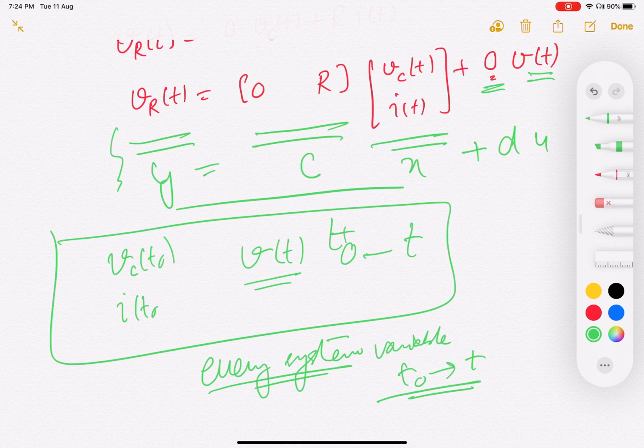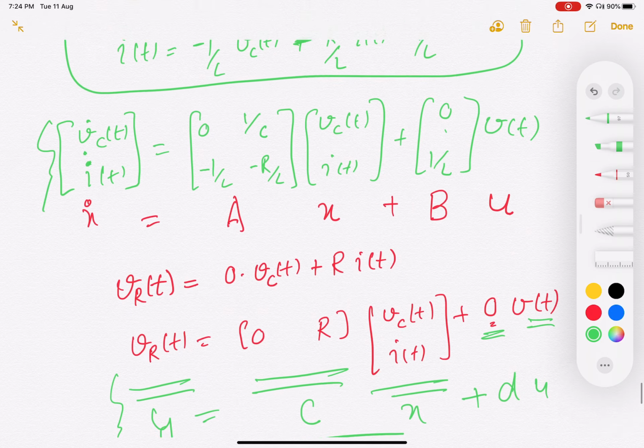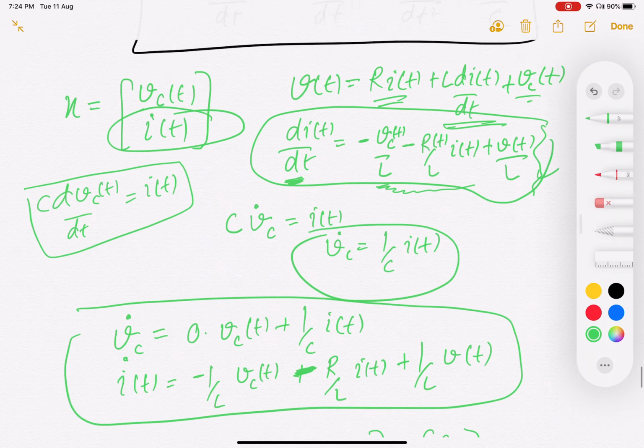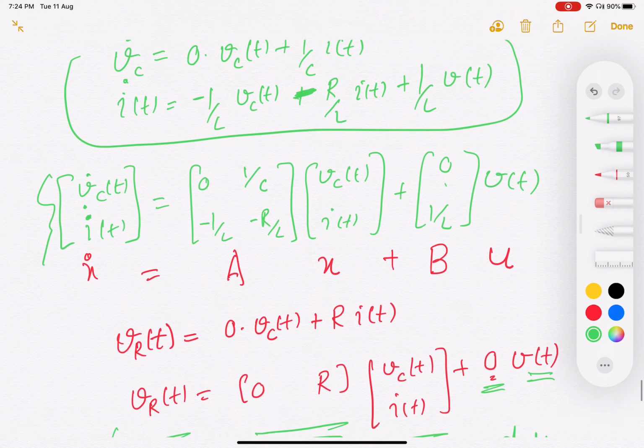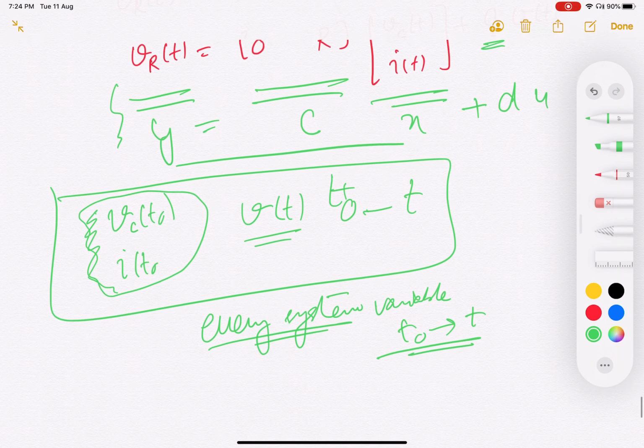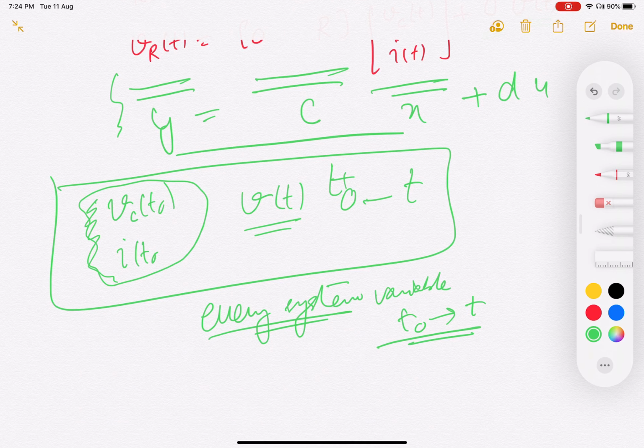And why is that? It is because these two variables are linearly independent variables, and since the differential equation is second order, it's a second order system. So there would be at most two linearly independent variables in the system, and these two variables are sufficient to know everything about the system.